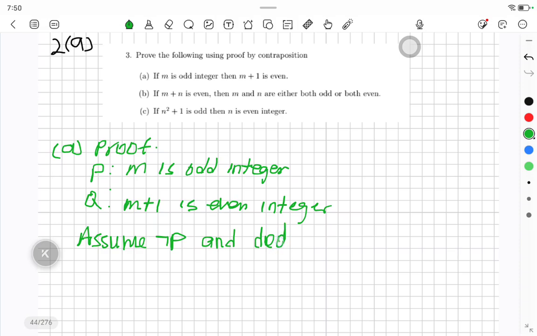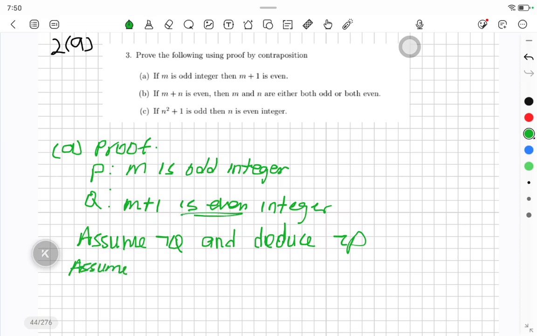Since this is contrapositive, you can just say assume the negation of Q and deduce the negation of P. So in other words, I'm going to assume the opposite of this.